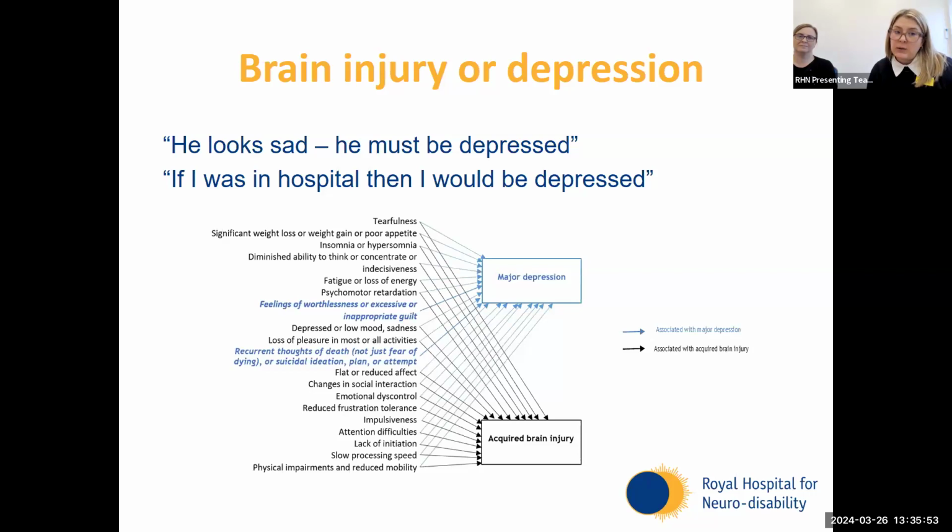So there's only two, which is feelings of worthlessness or excessive or inappropriate guilt, and recurrent thoughts of death or suicidal ideation, plan or attempt. And when we're thinking about patients with very severe cognitive impairment, it is incredibly difficult to access those two symptoms that would definitively tell us, actually, this is leaning more towards a mood difficulty than a cognitive impairment.